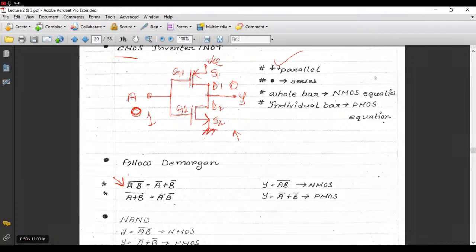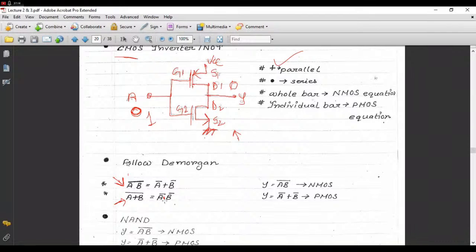If I apply De Morgan's theorem, this whole bar is going to break up like this, and any dot will be converted to plus. Similarly, the NOR equation is given over here. The whole bar, when broken down, will be converted to individual bars with a dot in between. Before it was plus, now it becomes dot.